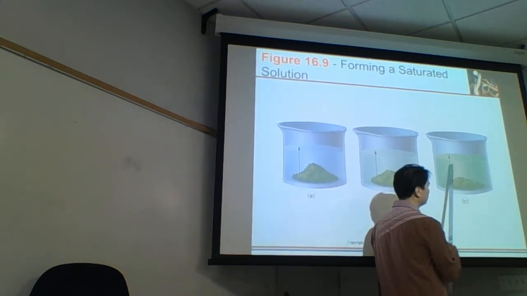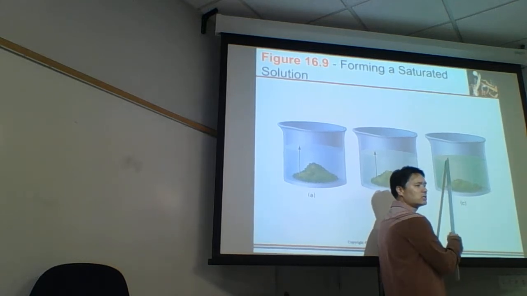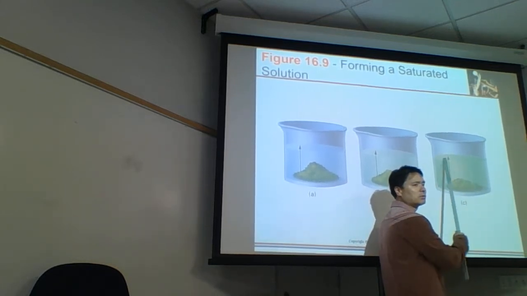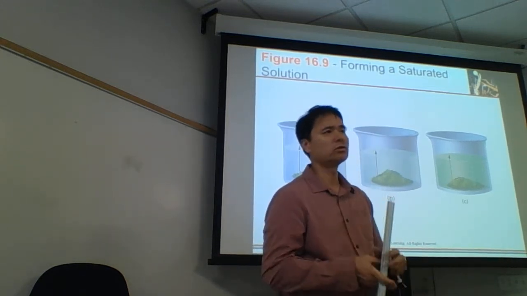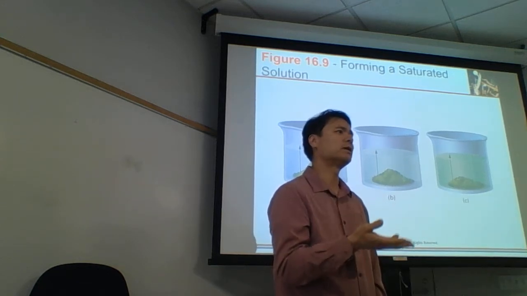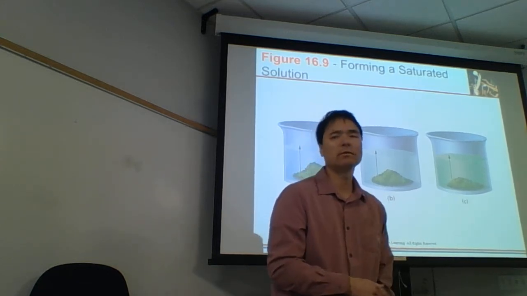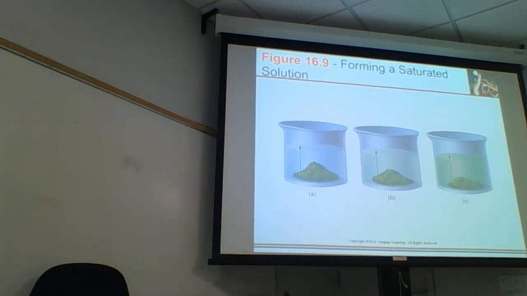This is at equilibrium. But it's a dynamic equilibrium because dissolution never stops and crystallization never stops. And so even though you aren't dissolving, you'll see the crystals changing, because there was a crystal there, but it's gone now. It's been replaced by a new crystal. So the crystals are always undergoing change, but the net amount of crystals doesn't change.